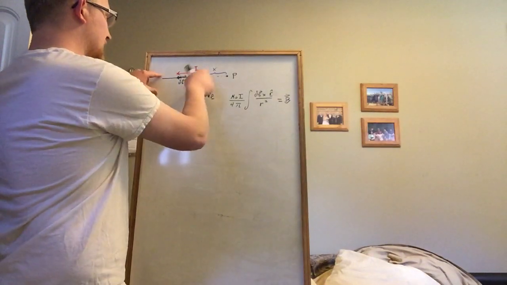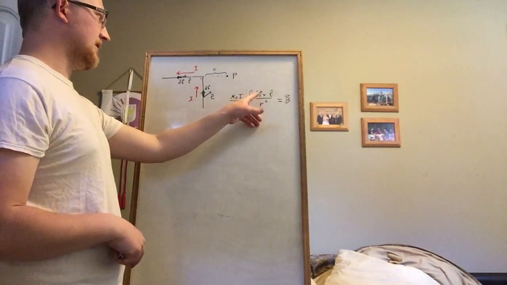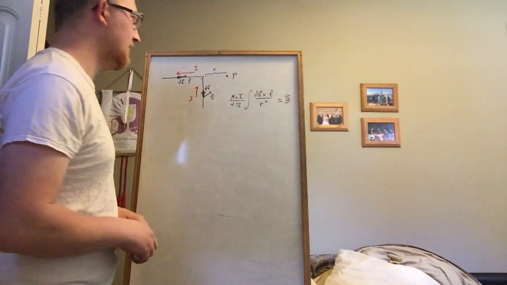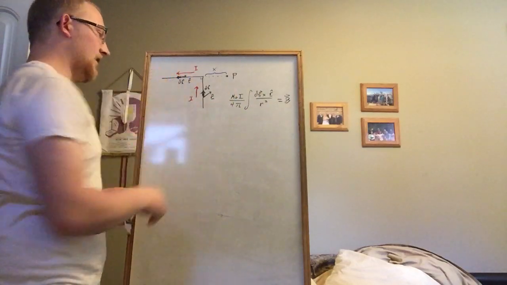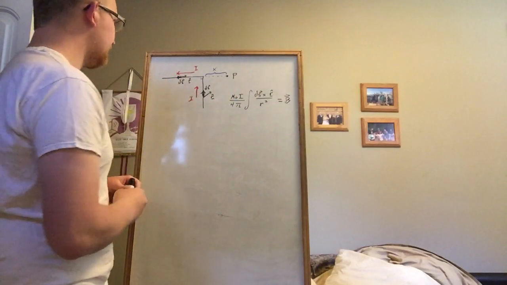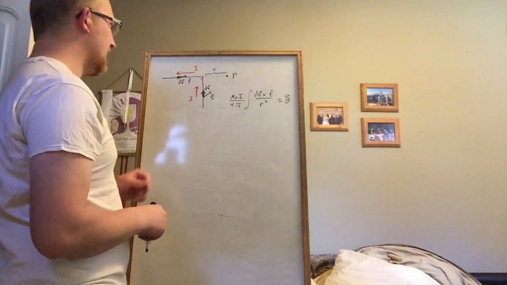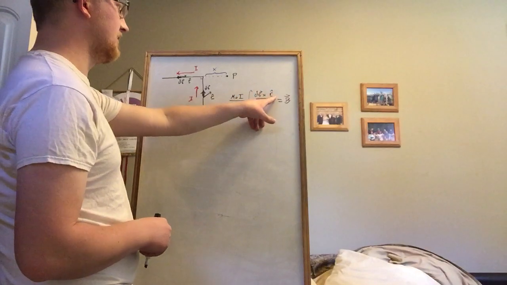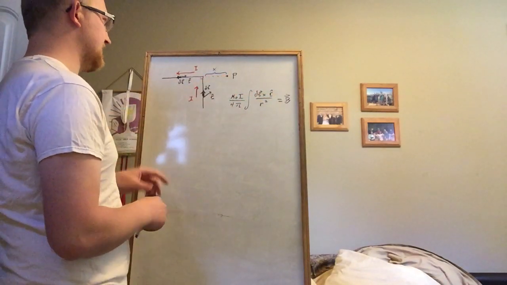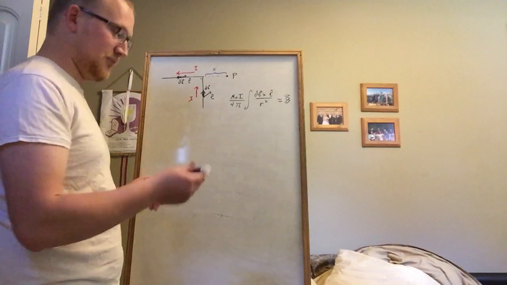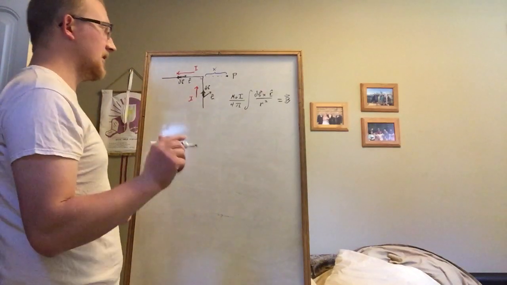Let's start with this one, the current going this way. This formula includes a ds cross r hat, and ds as a vector points along the segment length, and you always want ds to point in the direction of the current. The r hat vector points from ds back to the point that you're interested in. You'll also realize that the length r is different than the r unit vector.